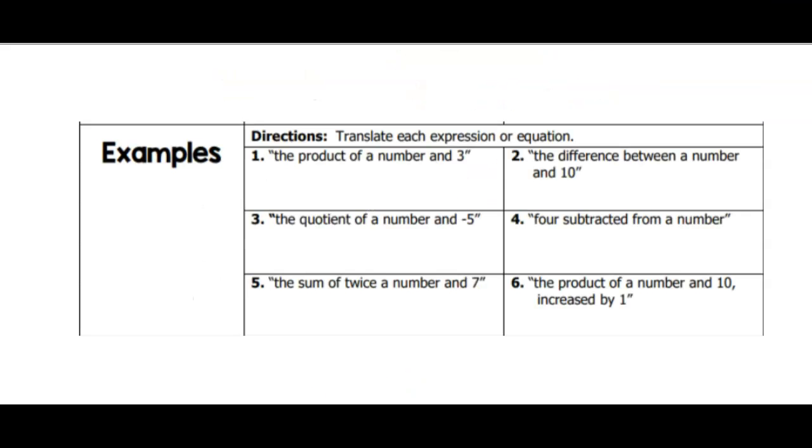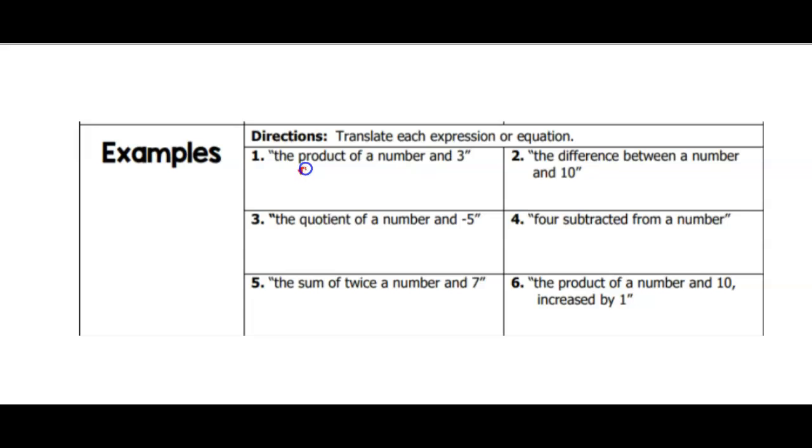Let's talk about what these phrases mean. And let's use our code that we created to make sense of these phrases. Okay, the product of a number and 3. Well, product was multiplication, and I'm going to put that dot so we know that that's what we're talking about.